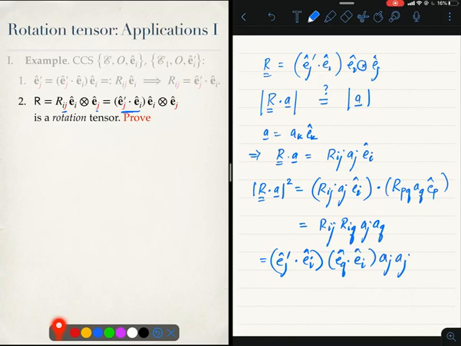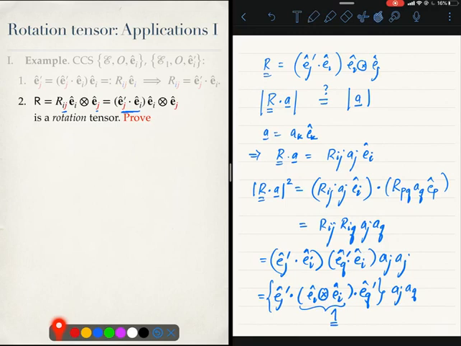Let's not forget the Eq prime. Now I can write this as Ej prime dot Ei tensor Ei dot Eq prime, Aj Aq. Now this fellow over here is simply the identity tensor.